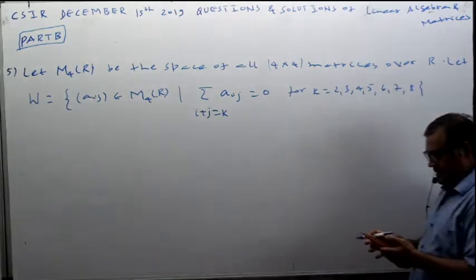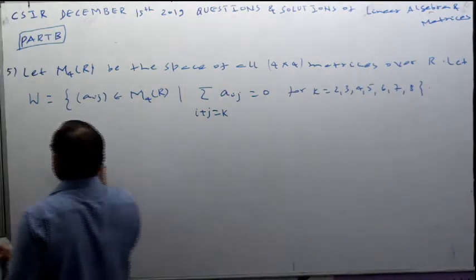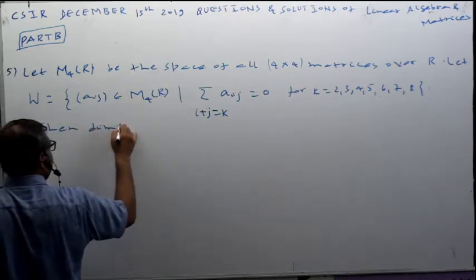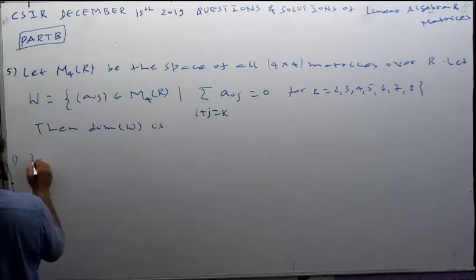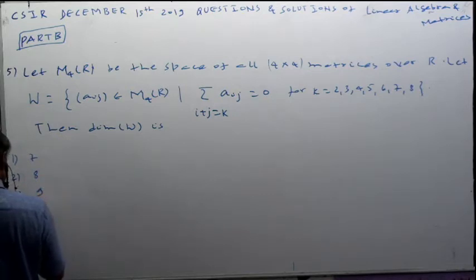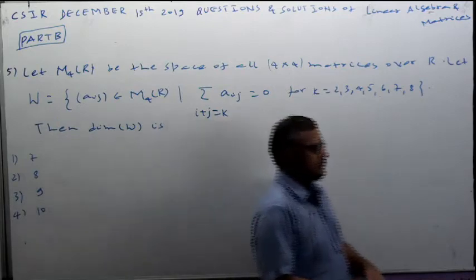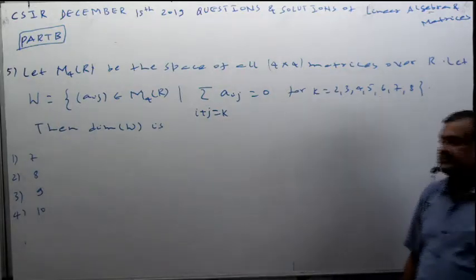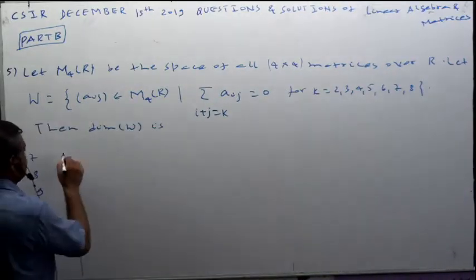Fine. Then dimension of W is, your options are 7, 8, 9, 10. Watch this. After you have written the question, now go for the solution.